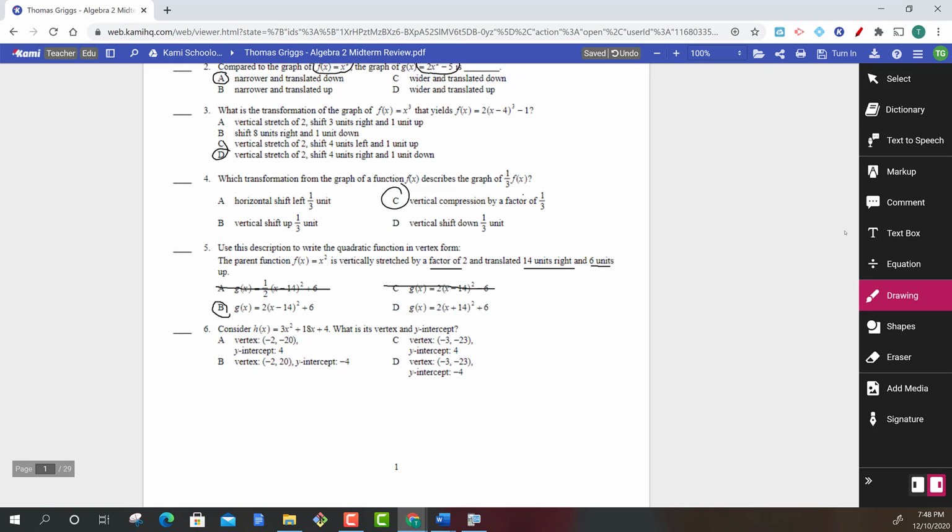Okay, number 6, what is the vertex and y-intercept? So let's find the y-intercept first because it's a little bit easier. Again, to find the y-intercept, you've been doing this since Algebra 1. You're going to set x equal to 0 and solve for y.